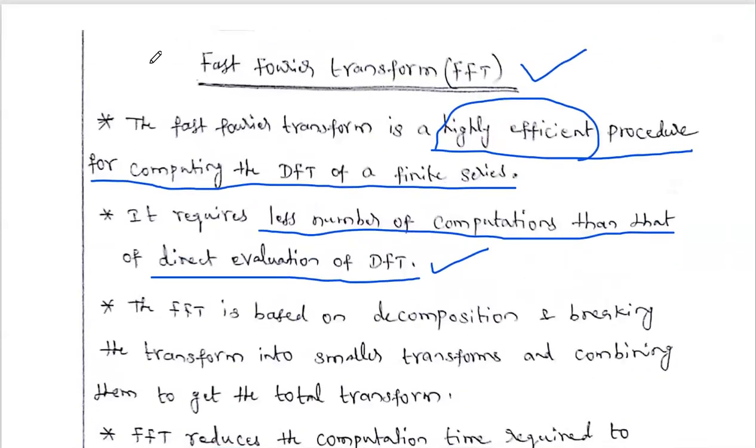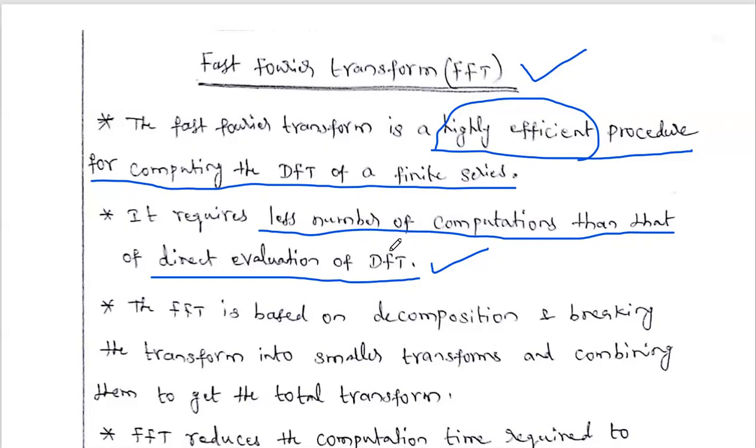What is the main thing behind the fast Fourier transform? First, it is a highly efficient procedure to compute the DFT of a given finite sequence. The difference from the direct evaluation DFT is that it requires fewer computations.